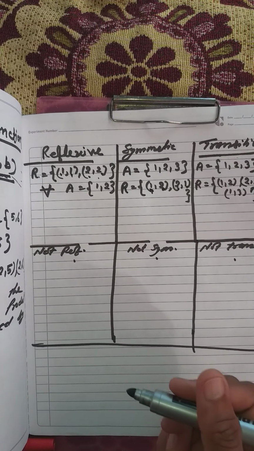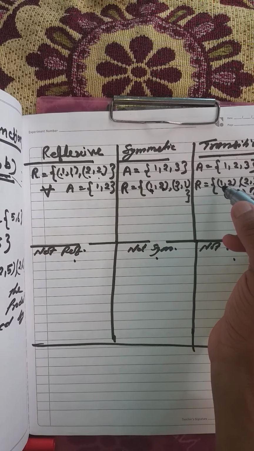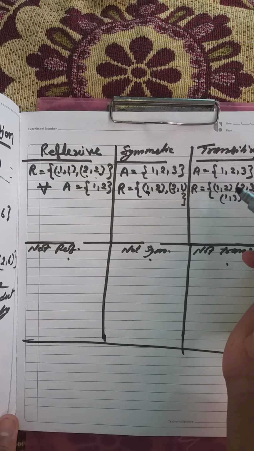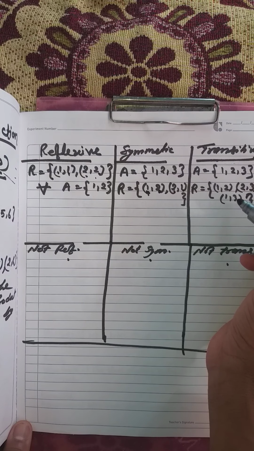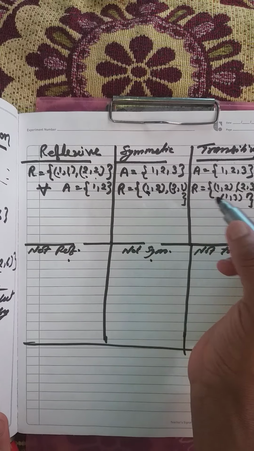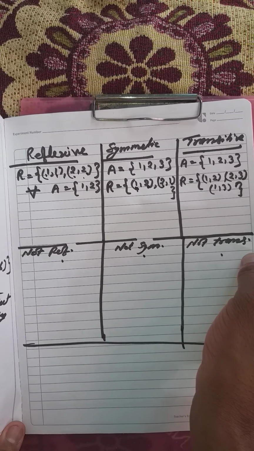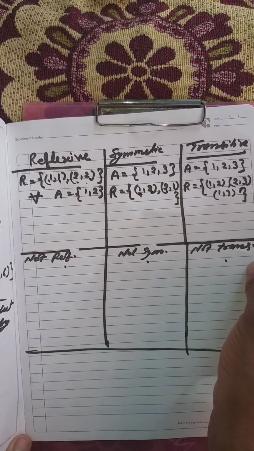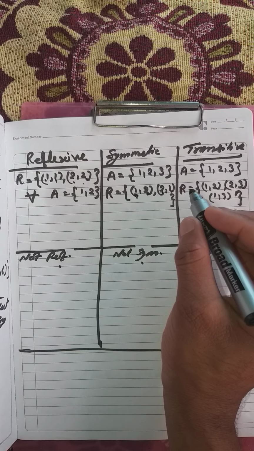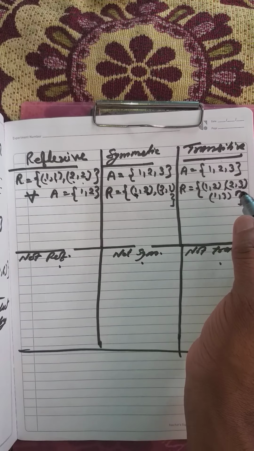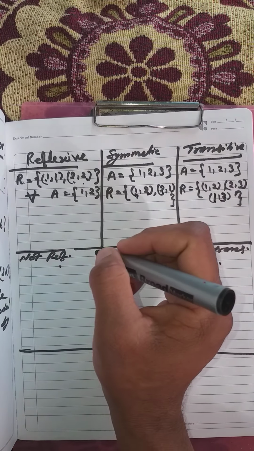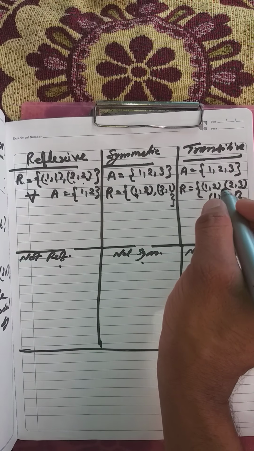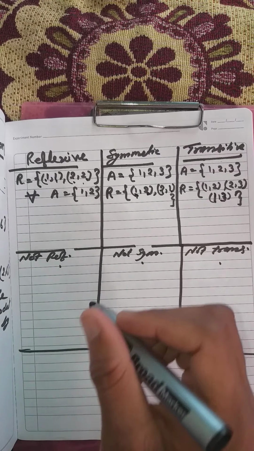This is a transitive relation since (1, 2) belongs to R, (2, 3) belongs to R, and (1, 3) belongs to R. Such a type of relation is called a transitive relation.